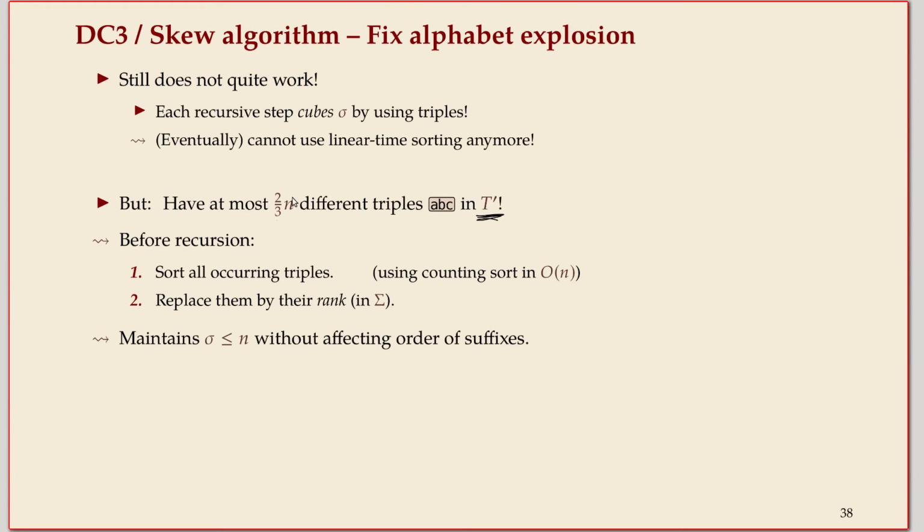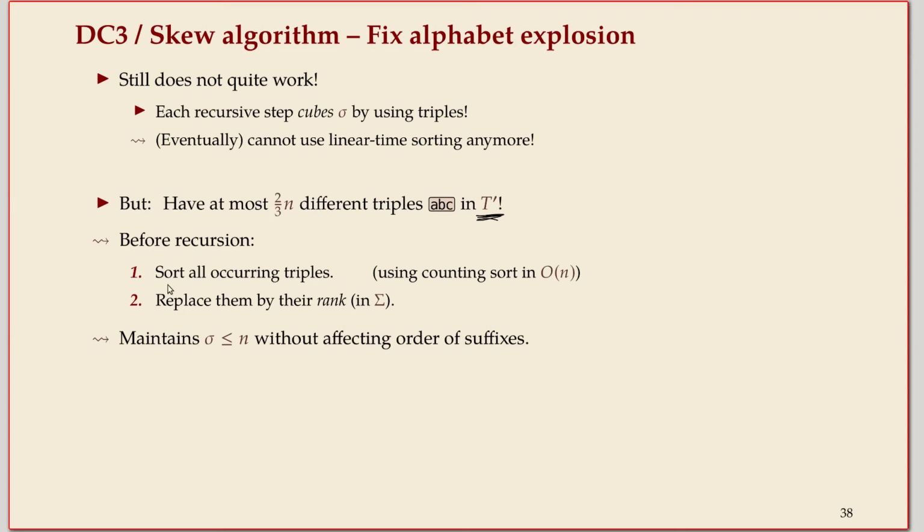So we don't have too many characters that actually occur. So even though the alphabet is really big, most of those characters cannot be used in our actual string. So we can compress the alphabet to only contain those character triples that actually occur in our string t prime. And that's what we do.